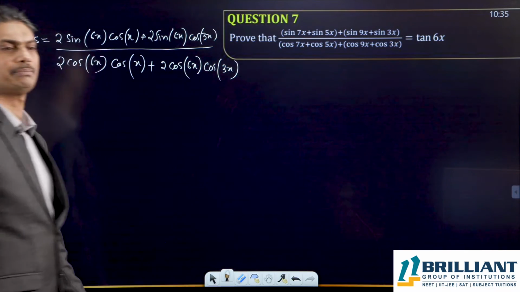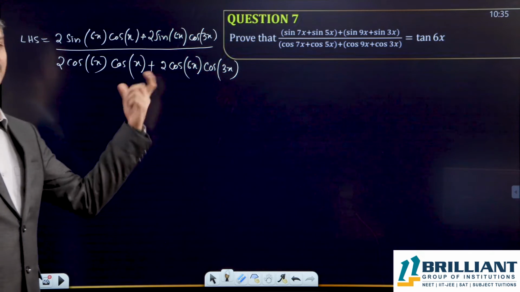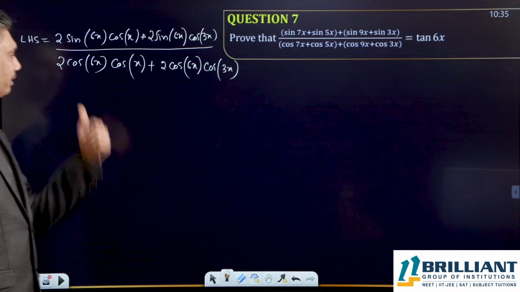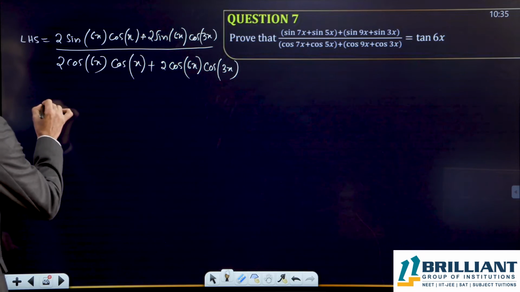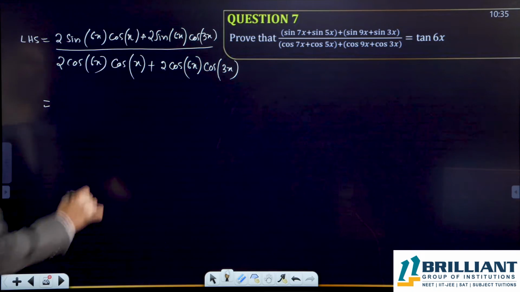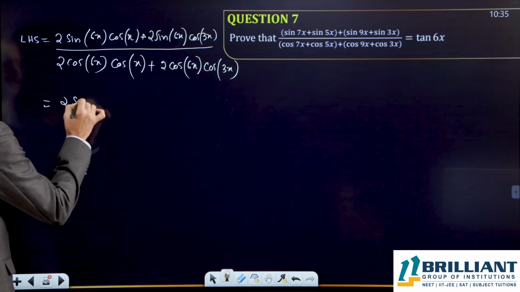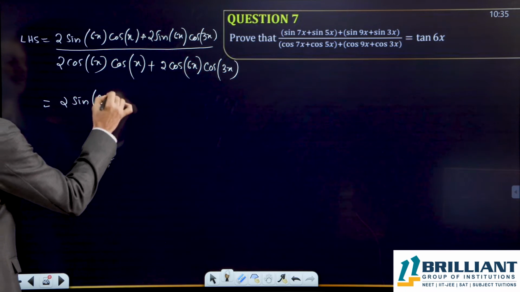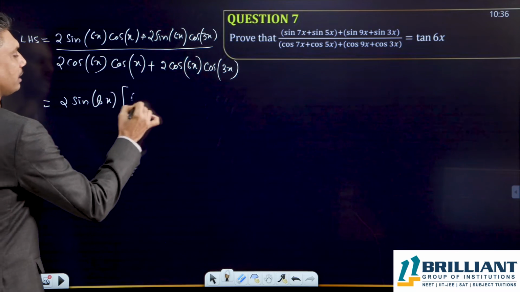So, one step you can skip, or if you want you can write that step. In the previous question I have written all the steps. Now, this is equal to, what is common in the numerator? 2 sin 6x into, what is the balance here?